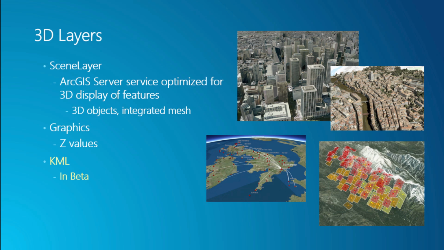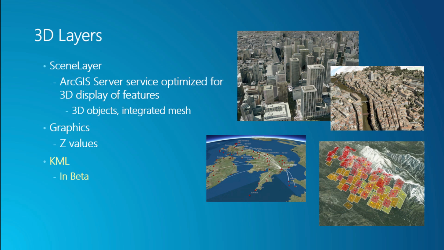We also include integrated mesh. Think of these as a triangular network of data. Oftentimes both of those are overlaid with textures, such as imagery, to give a more realistic effect. There's also point clouds and also standard geometry, such as points, lines, and polygons. Right now we support 3D objects and integrated mesh within the runtime.